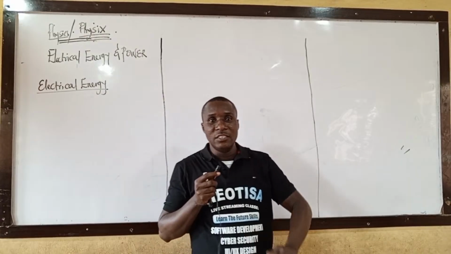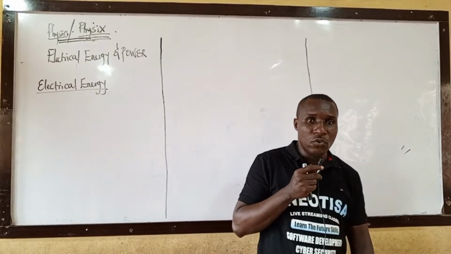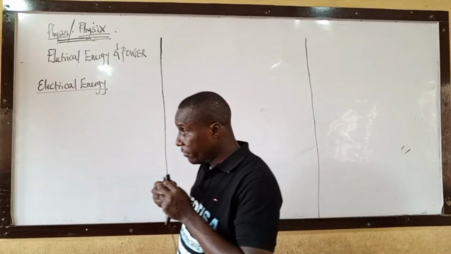Electrical energy is the energy used or dissipated when a current flows through a circuit. Write it down.